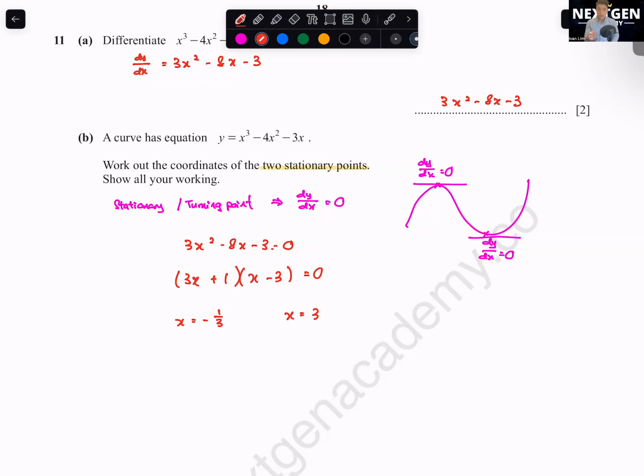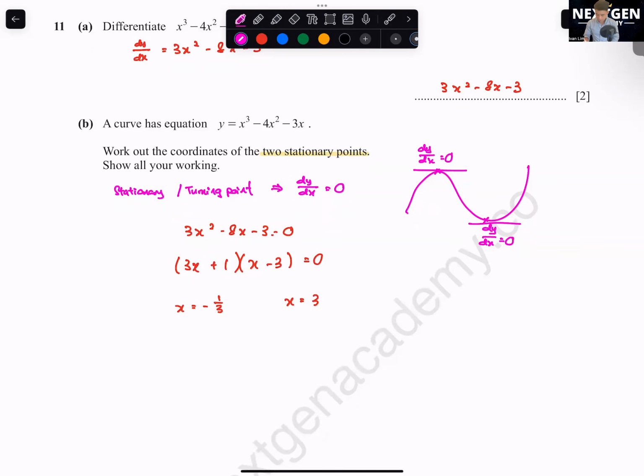When they say we want to find a point, point means you need to find x and y. So after I found this already, find your y. You sub your x into your y equation, which is this equation here. Then just type in the calculator. So y equals negative 1 over 3 cubed minus 4 times negative 1 over 3 squared minus 3 times negative 1 over 3.